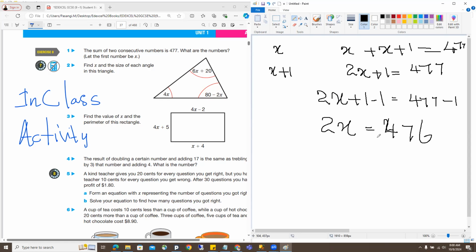Now to find the value of x we need to divide both sides by 2. So x equals 476 divided by 2, which is 238. Now the first number is 238. The second number is what?